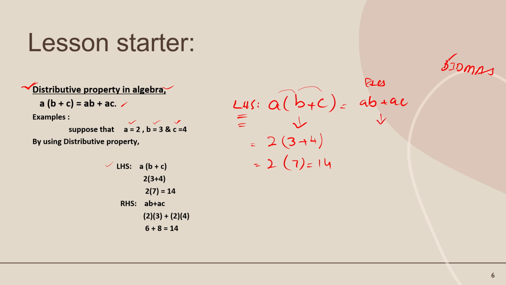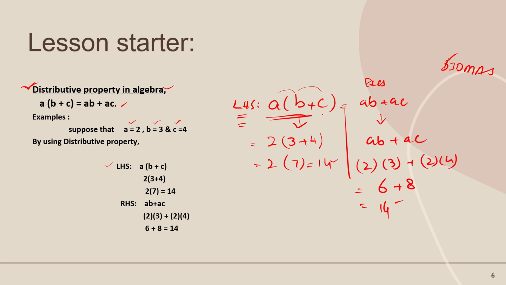Now if I solve the right hand side, ab plus ac, the value of a is 2, the value of b is 3, again a is 2, and the value of c is 4. 2 times 3 is 6 and 2 times 4 is 8, so the answer will be the same.